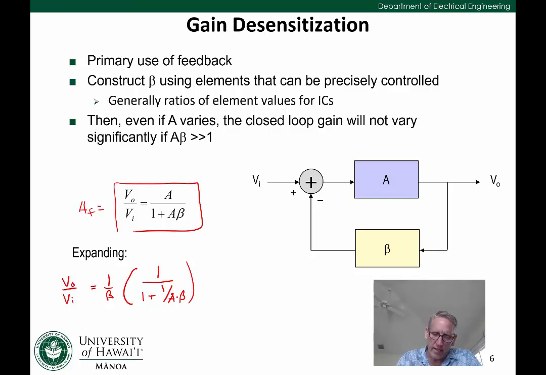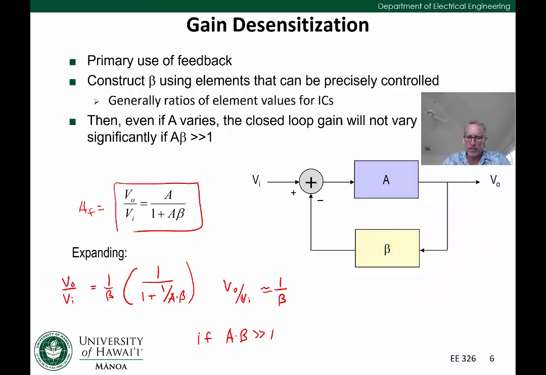And so what we can see is that V out over VI is equal to 1 over beta if A times beta is much, much greater than 1. That is, if this term 1 over A times beta is sufficiently small compared to 1, then V out over VI, or the closed loop gain, is approximately 1 over beta. And this is an interesting result, right?